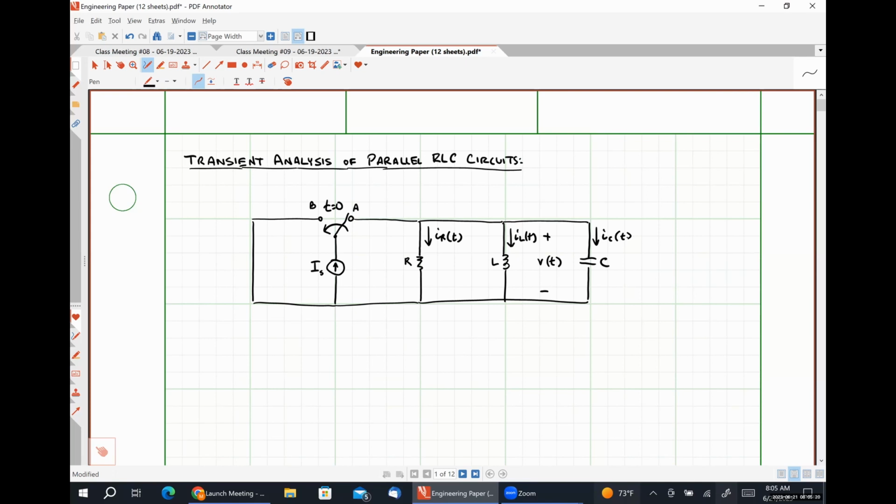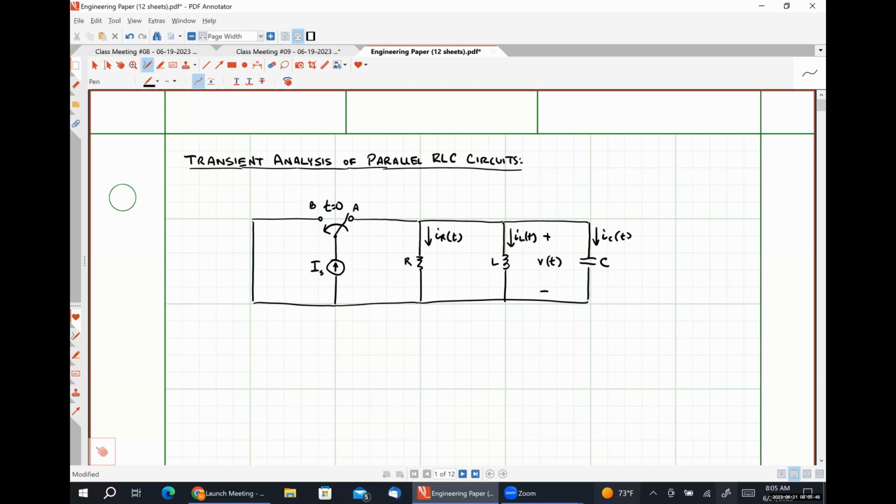Okay. So before we get into the nitty-gritty of this, I want to talk our way through things really quickly so that we can have a kind of qualitative understanding of what's going on in this circuit. Before t is equal to 0, before our switch changes state, our circuit is at DC steady state, right?